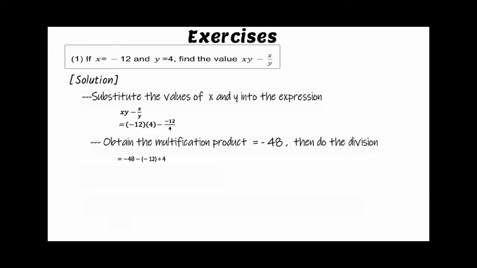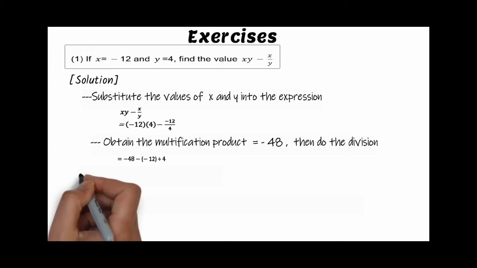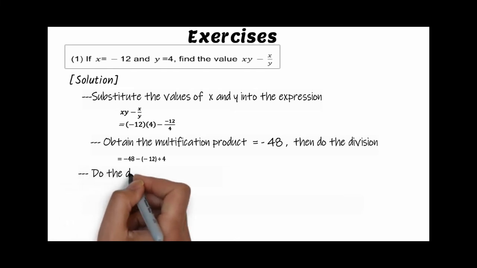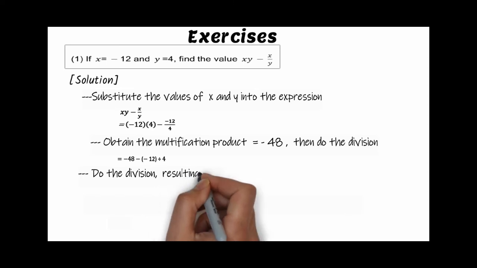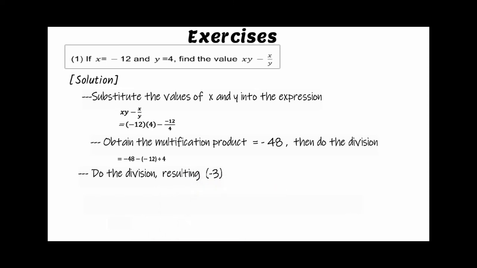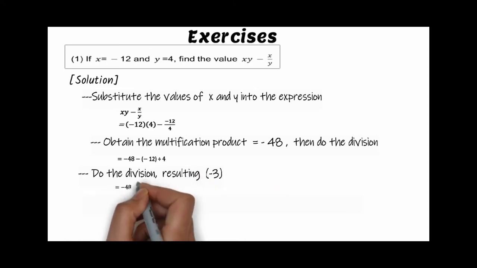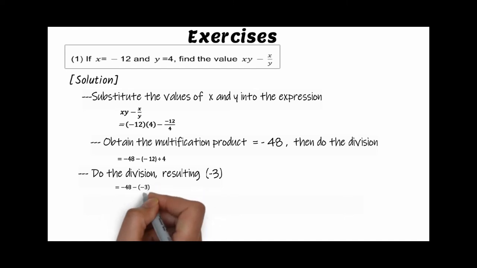Now in our third step, moving on, we will be doing the division, also following the order of operations. And -12 divided by 4 will result in -3. So the expression will simplify into -48 minus -3. So here you'll notice that we are doing operations on all negative numbers.